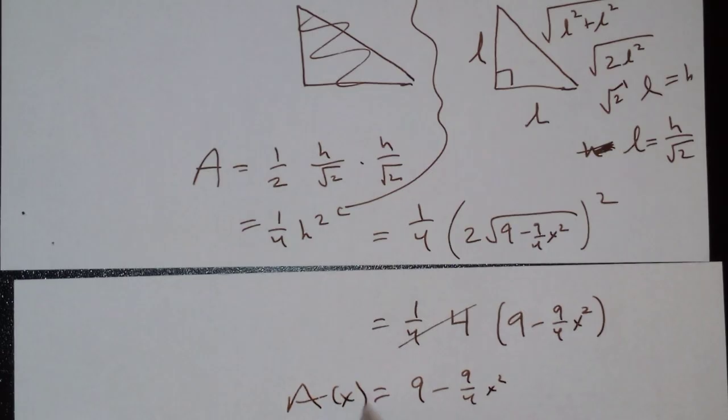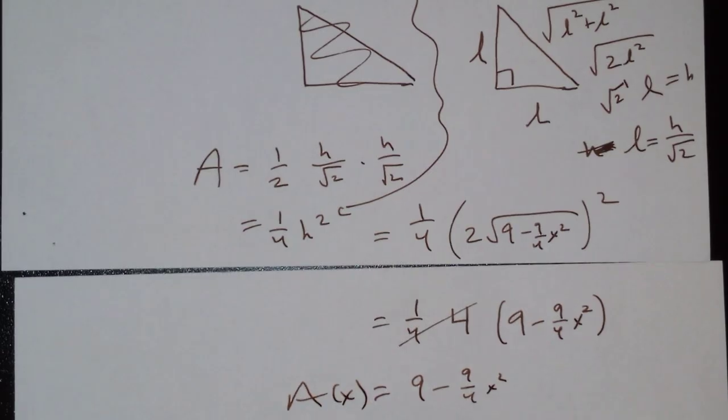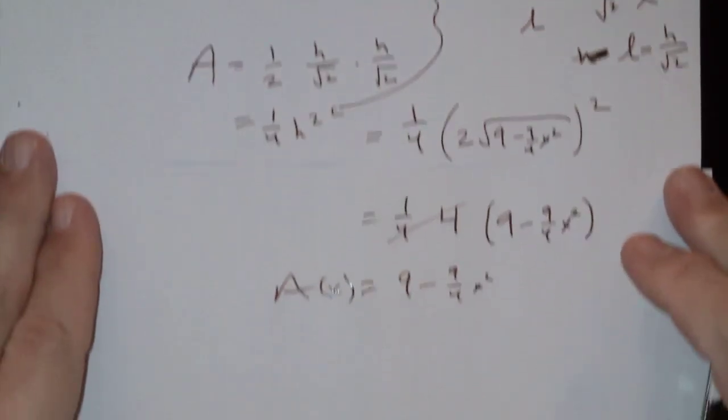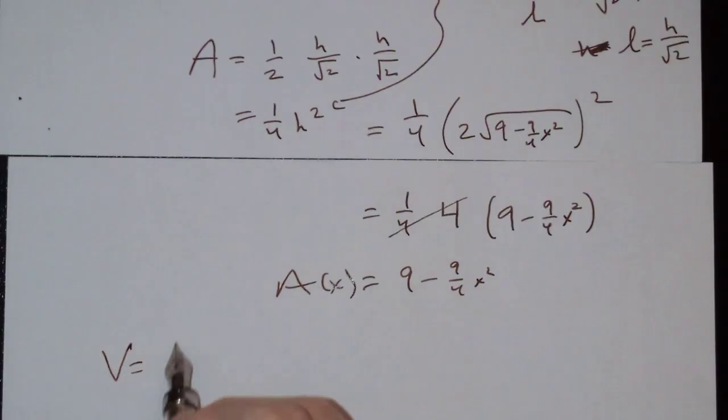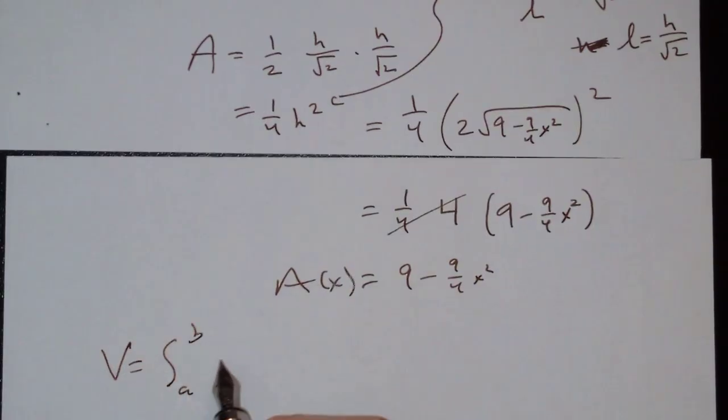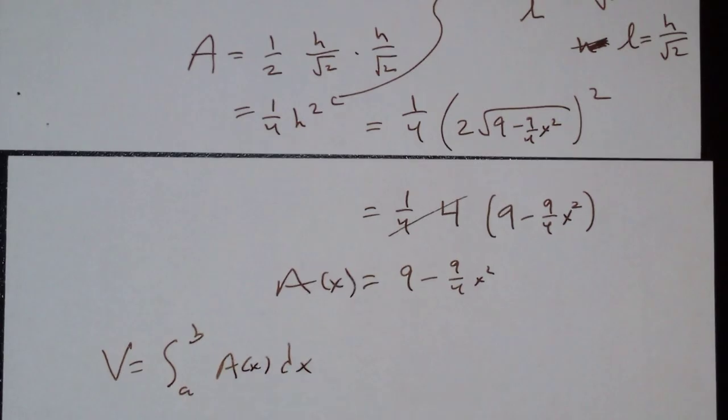This is my area in terms of X. The volume integral adds up all those slices, doesn't it? And you just told me where we start and end.